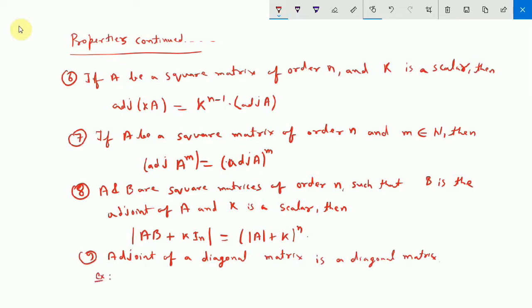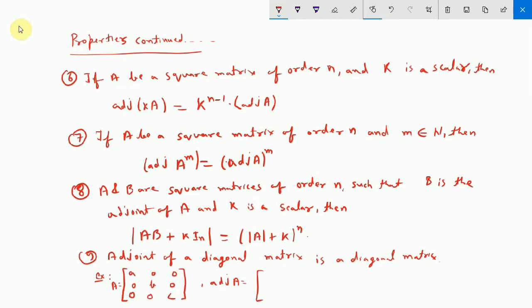Example we will see. If A 0 0, so non-diagonal elements will be 0 for a diagonal matrix, 0 0 C. So the diagonal elements are A, B, and C. If we calculate the adjoint of matrix A, this is our matrix A. So the adjoint of A will be, see, the first one's power is even, so it will be positive.